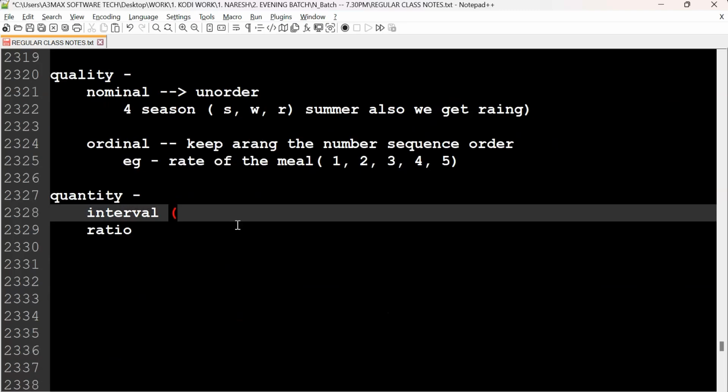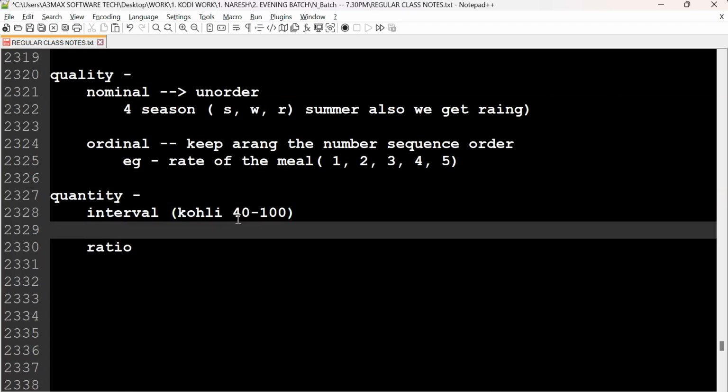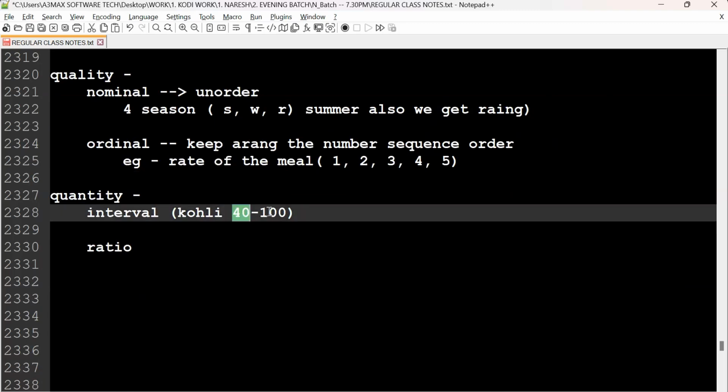If I ask you today how much Virat Kohli will score, would you say 50, or 50 to 100, or maybe 40 to 100? So Kohli will score in a range between 40 and 100. Here 40 is the lower interval, 100 is the higher interval. So this concept is called interval.